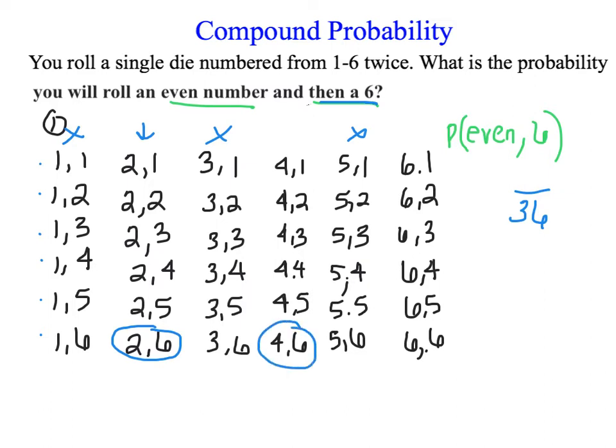This is a winning outcome, and this is a winning outcome. It starts with an even, and then my second number is 6. So we have 3 out of 36 chances to win. And I can simplify that by 3, and I get 1/12 is the probability of rolling an even number and then a 6.